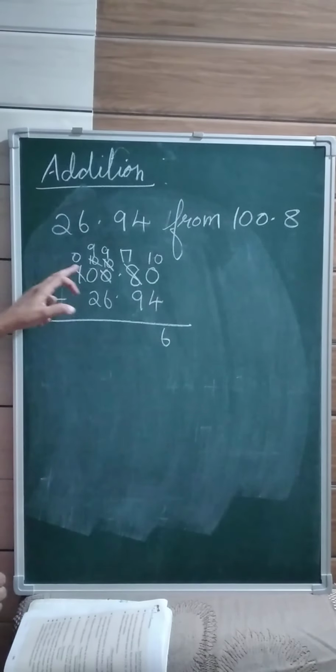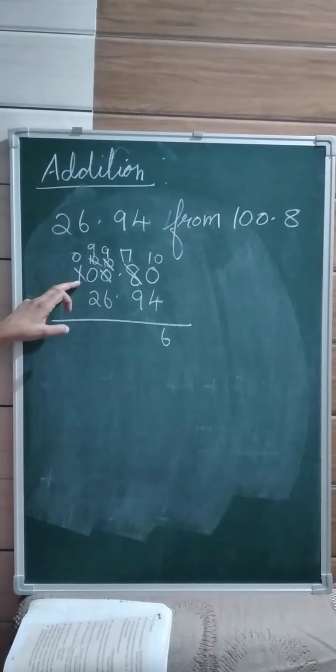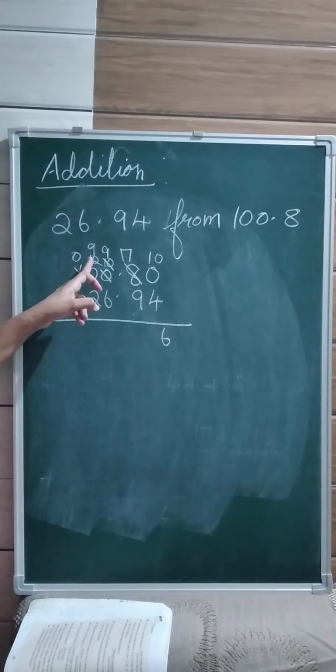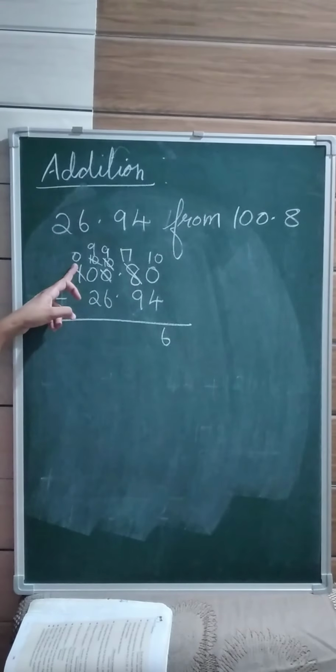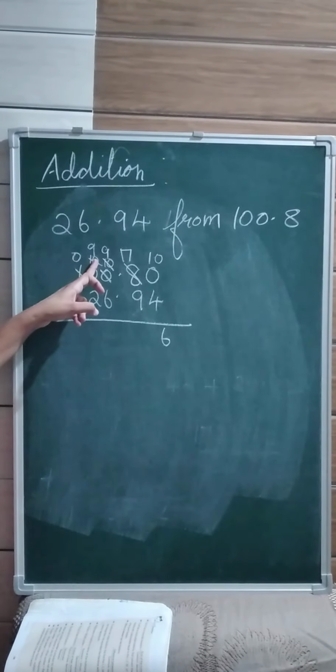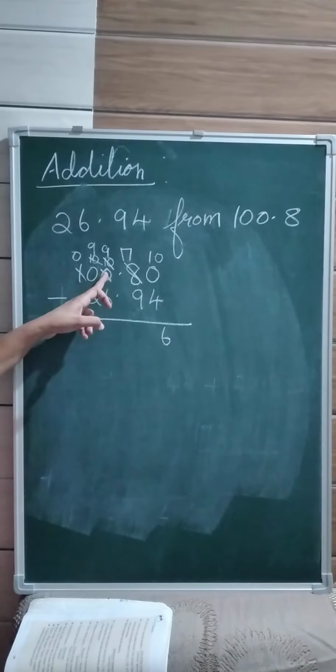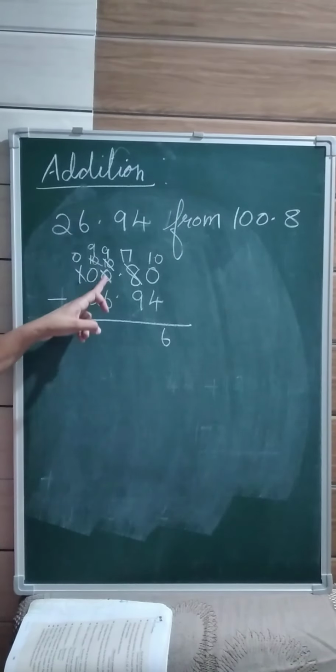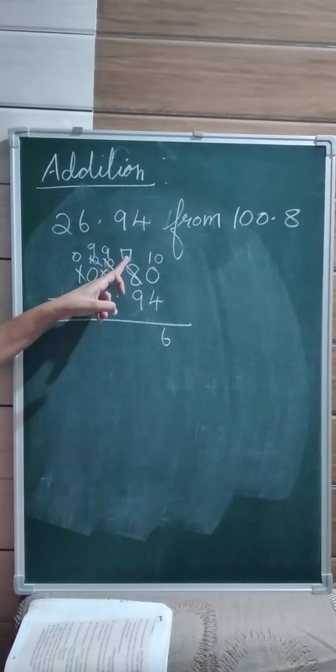So next. From this number we got 1. So only one is there. 1 we have given to this number. So it is 0. 0 becomes 10. From 10, 1 I have given to this number. So it is 9. Here it is 10. Again from here 1 I have given to this one.